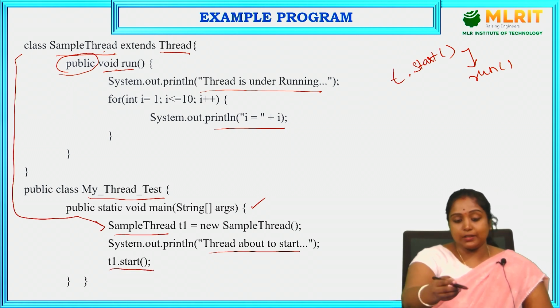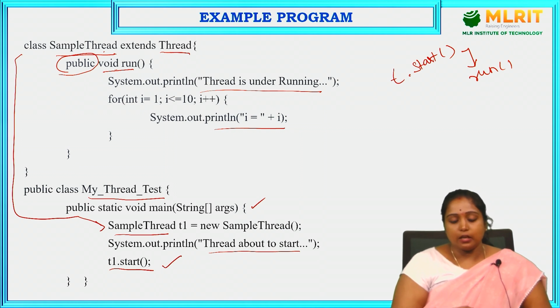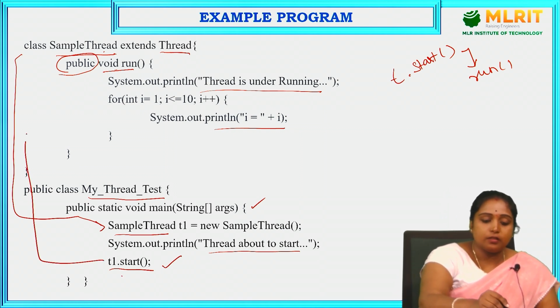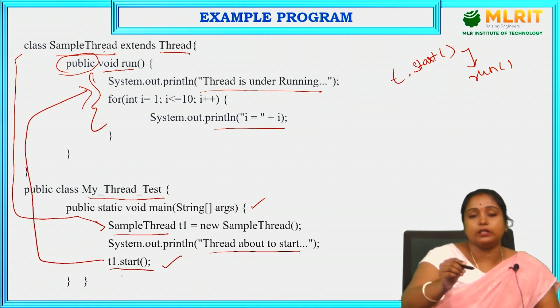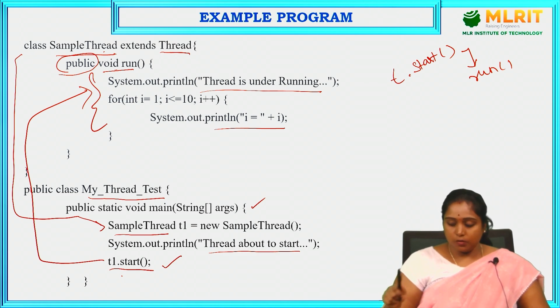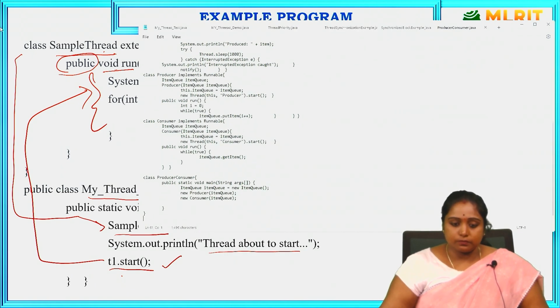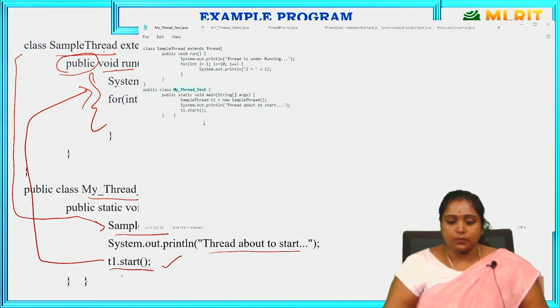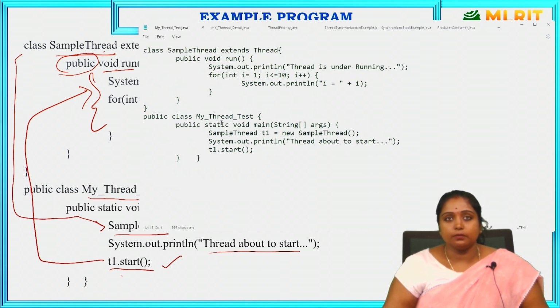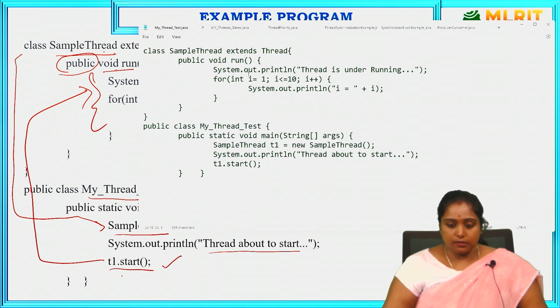I am not calling the run method. I just call the start method and close it. That's it. It will directly call the run method and execute this particular code. So let us execute this and see. This is my program which we have seen just now.